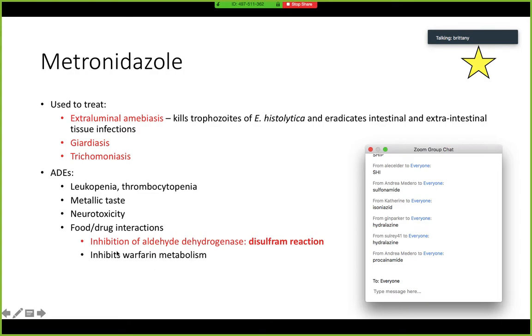And then very high yield, know that with metronidazole, when combined with alcohol, you can get what's known as a disulfiram reaction.